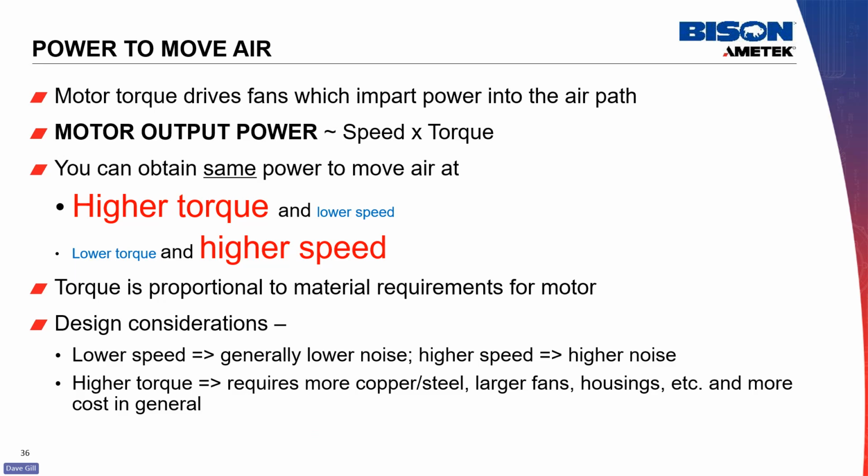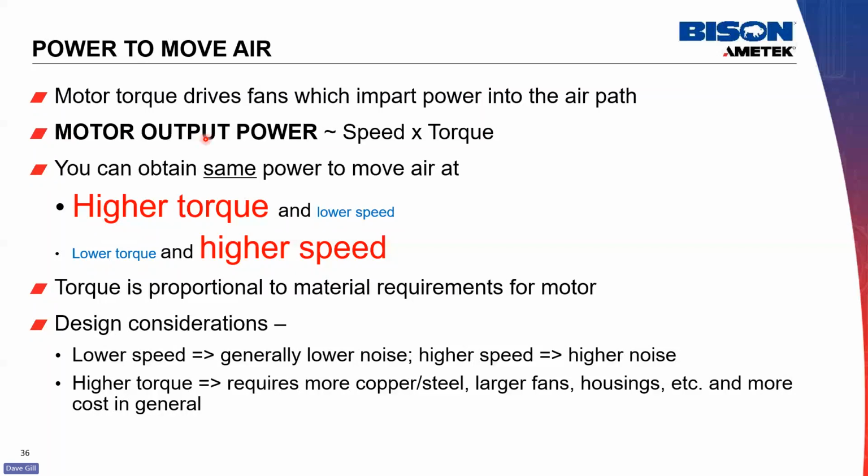Now, a motor produces torque at a given speed, and that is used to drive fans. The mechanical power of the shaft imparts power to the airflow, and it does it proportionally. And this is the key relationship here.